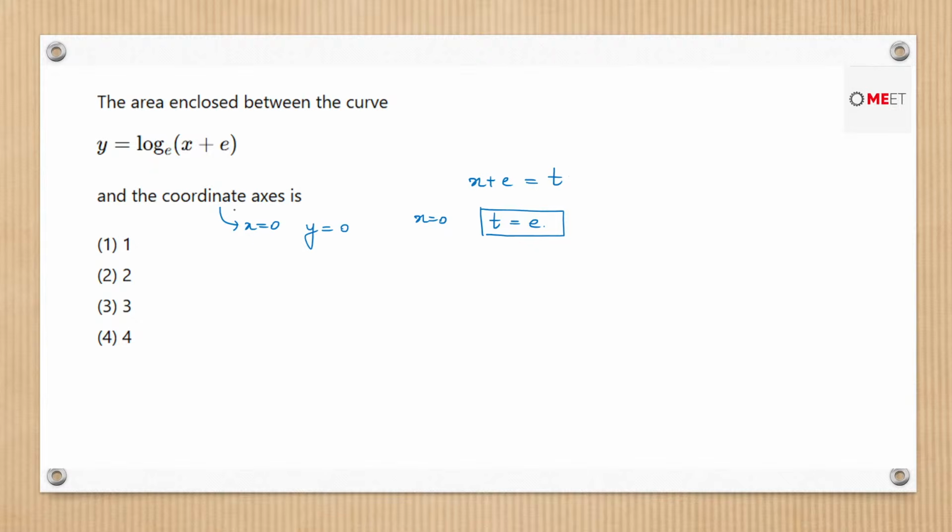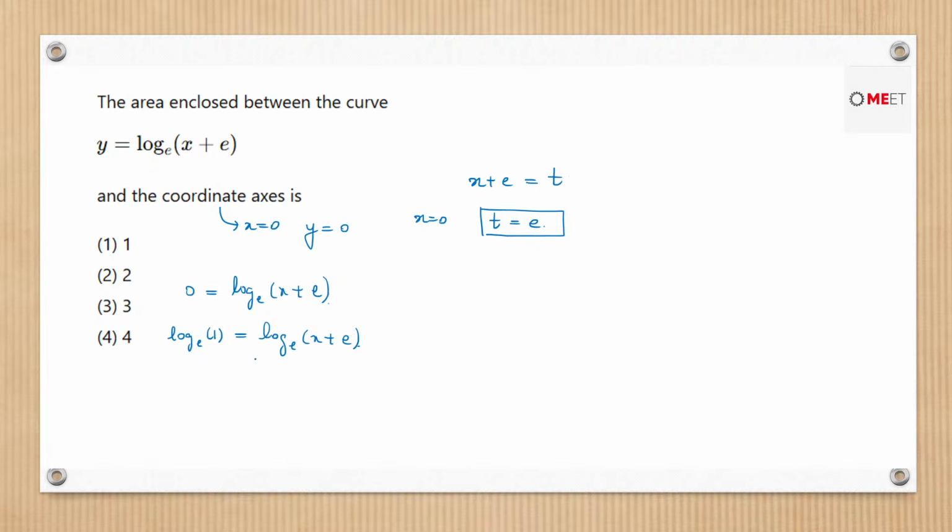And if y is taken as 0, that is 0 is equal to log to the base e of x plus e. So this can be written as log to the base e of 1 is equal to log to the base e of x plus e.